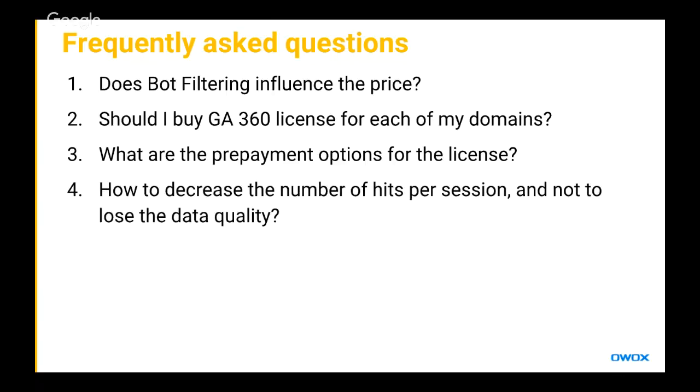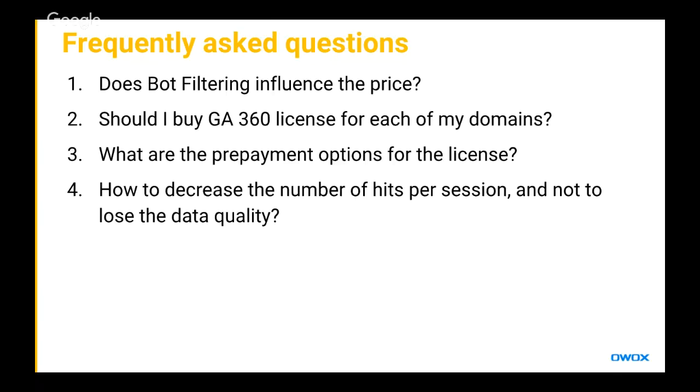Another question: how to decrease the number of hits per session and not lose the quality of the data? Perhaps you know that there are tools that help you decrease the number of hits per session, or you can send aggregated hits in a single hit. There are ways to solve it, and that's something we actually do for our clients.